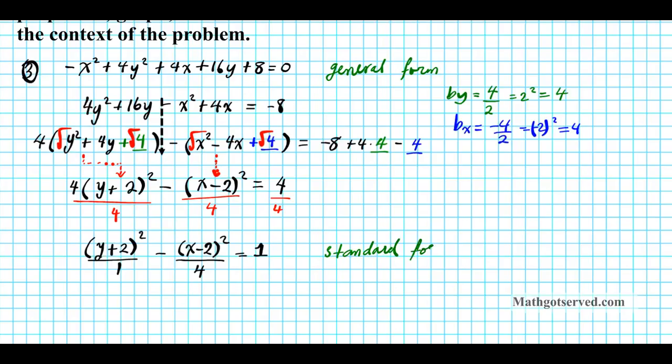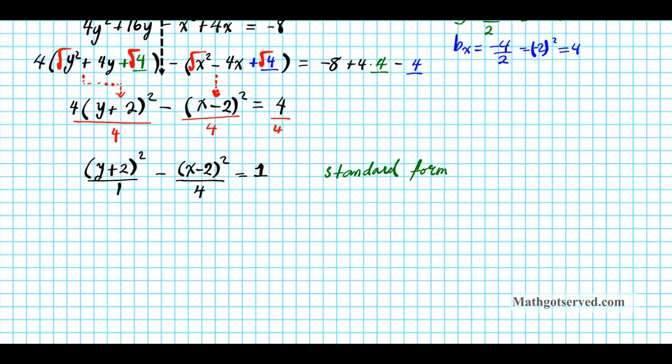Now, what we're going to do is find the properties. Okay, so let's go ahead and do that. Properties. Okay, we're going to start by identifying what the conic is. We already did that before. What kind of conic is this? This is a hyperbola. Because we have 2 squares, a minus, and the coefficients were different, or the denominators are different.